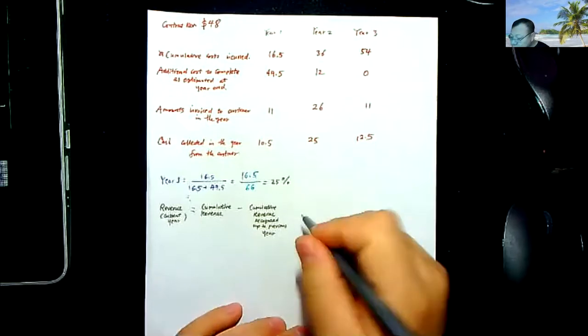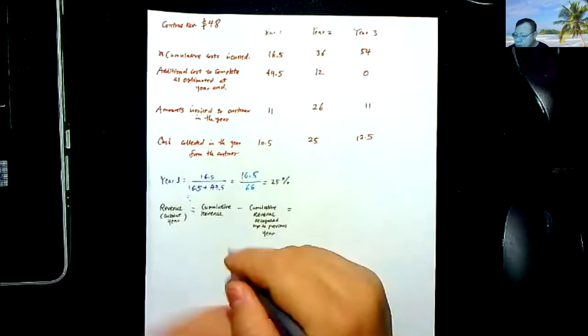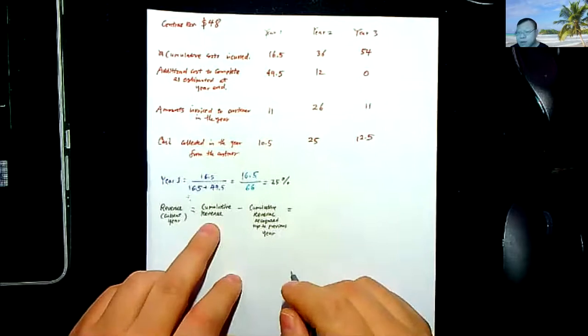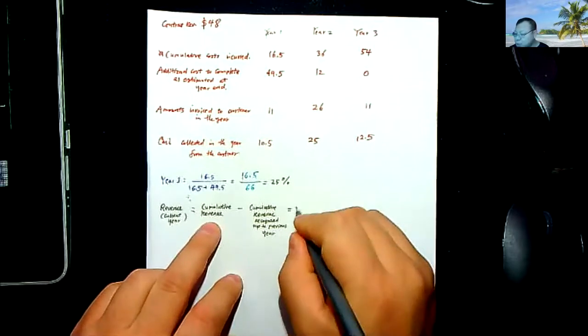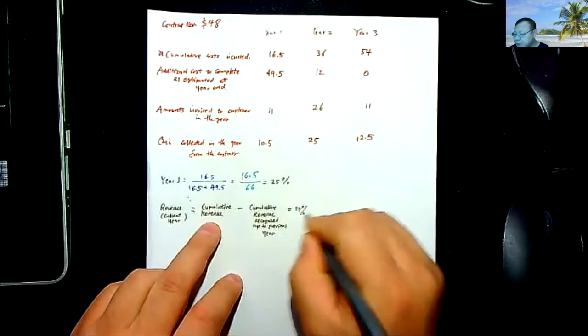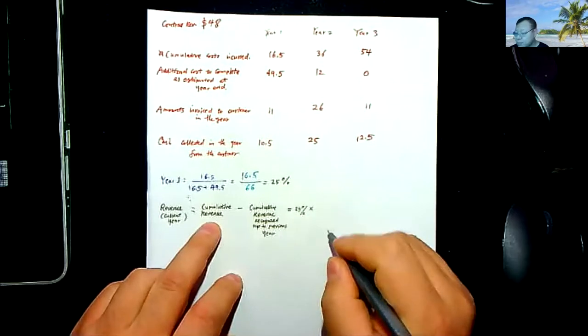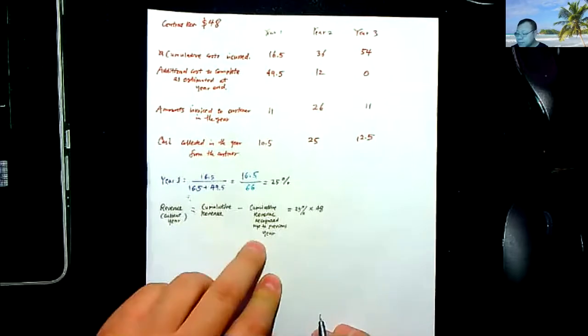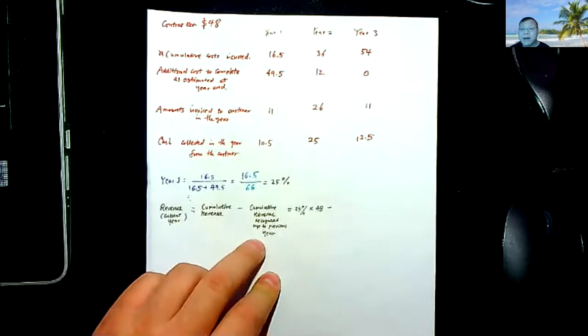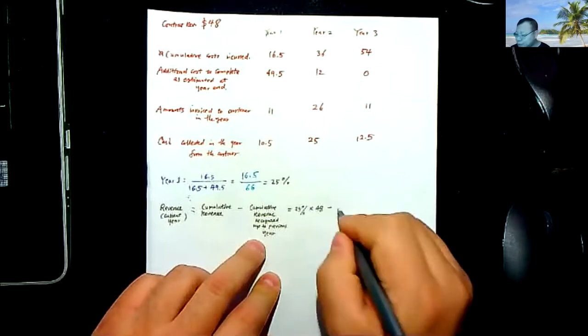Now, for the cumulative revenue, we use the percentage of completion up to the end of this year, 25%, times total revenue, 48 million, minus cumulative revenue recognized up to the previous year. Because this is year one, there is no previously recognized revenue, so that is 0.